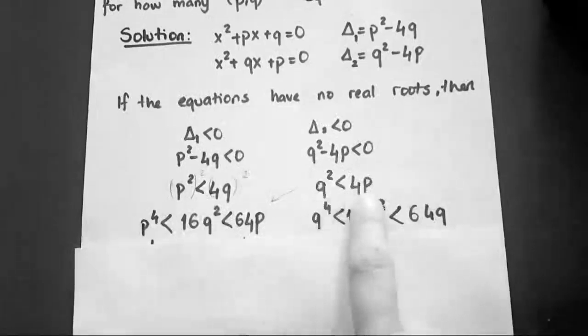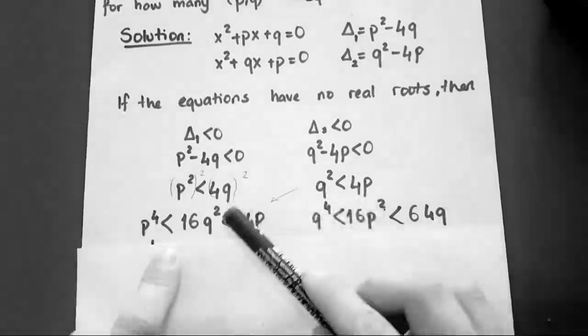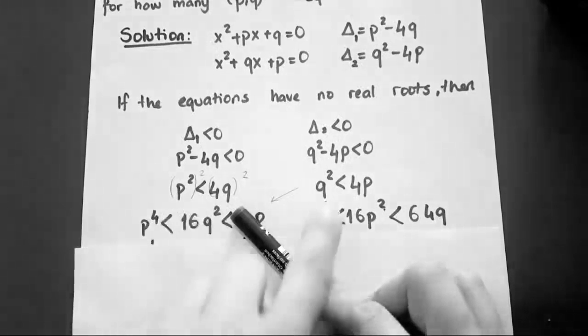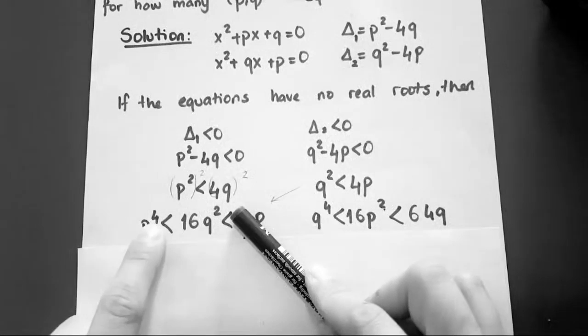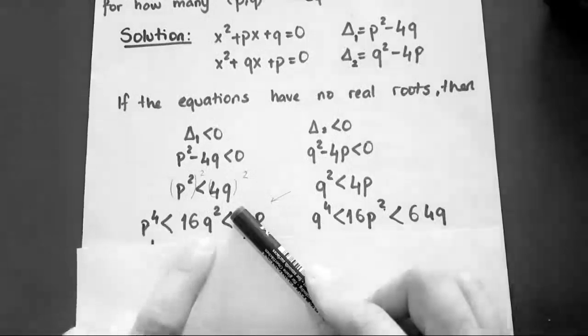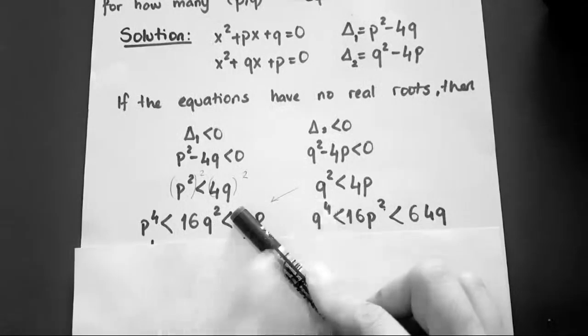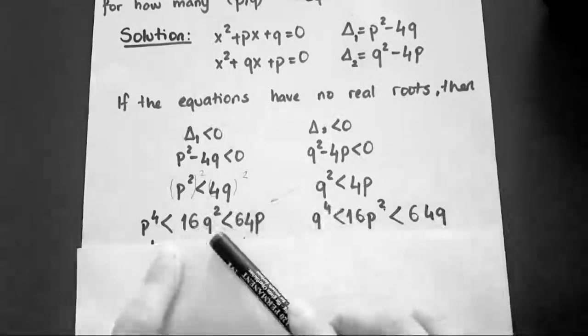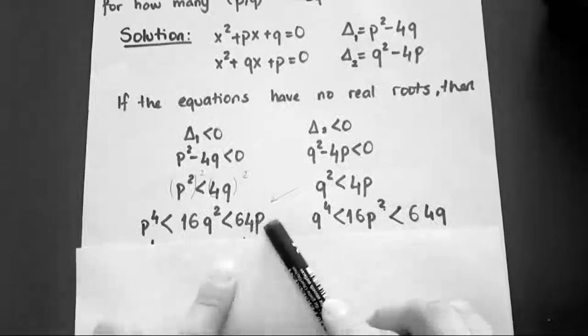Look here. To be able to write this form, I used this inequality. If p to the power of 4 is smaller than 16q squared, when I multiply both sides by 4, can I get 16q squared is smaller than 64p?